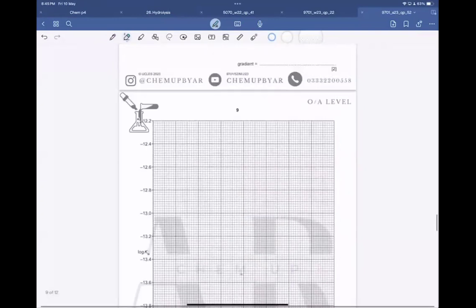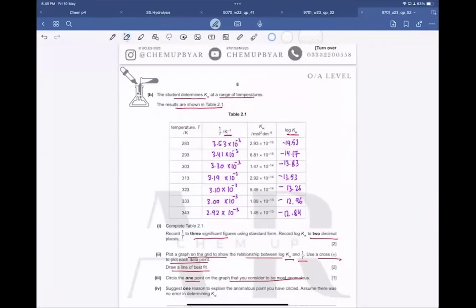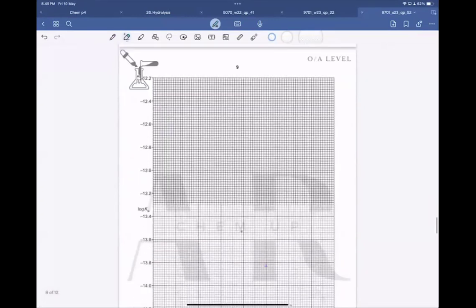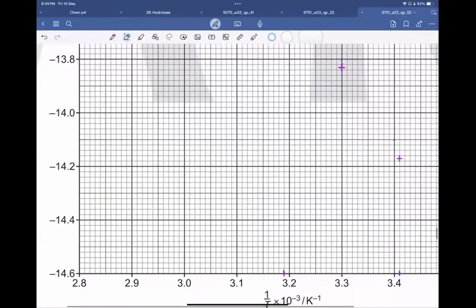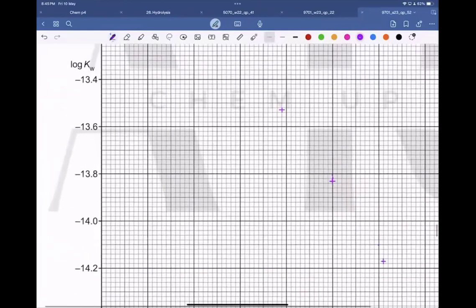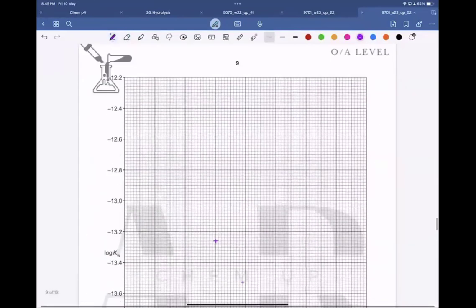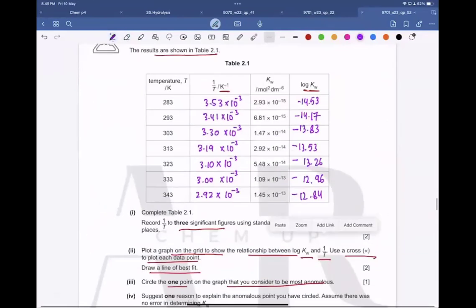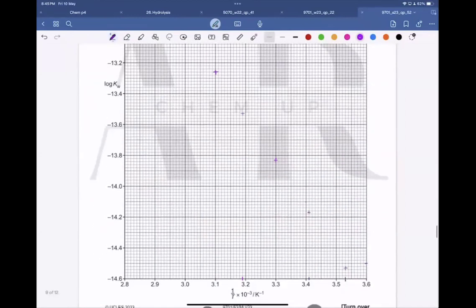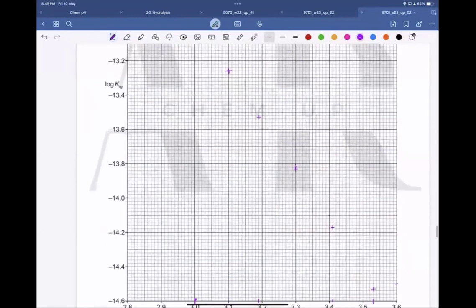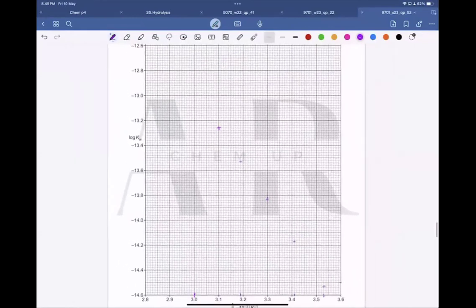Then next one is 3.10 and 13.26. So 13.26 is this one. Okay. Then we have 3.0 and 12.96.